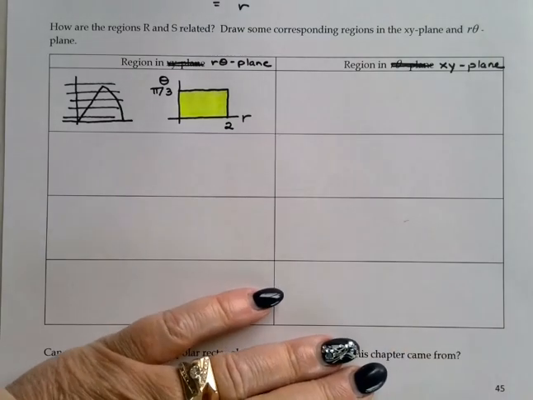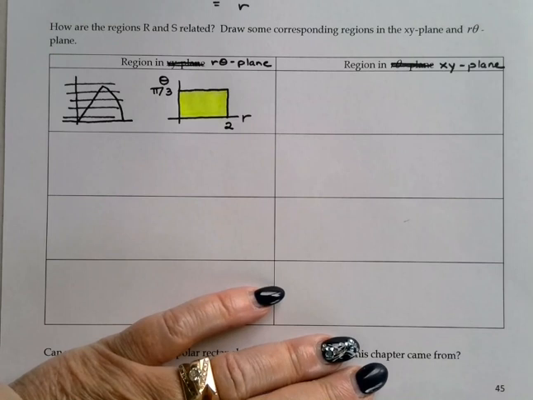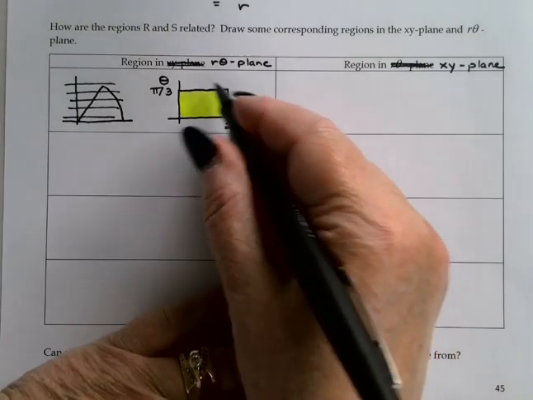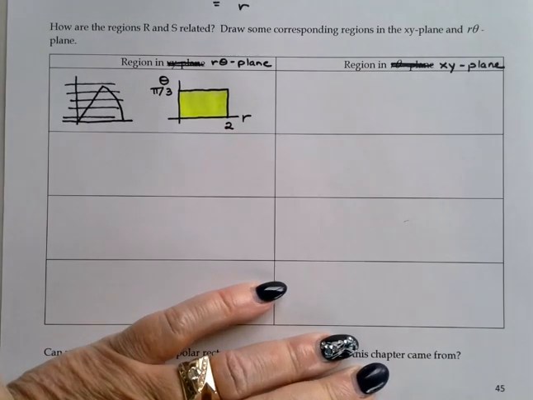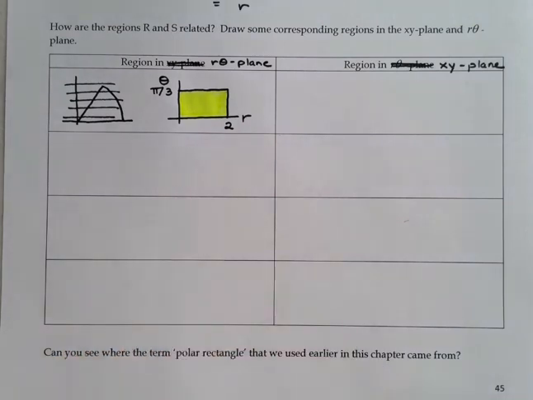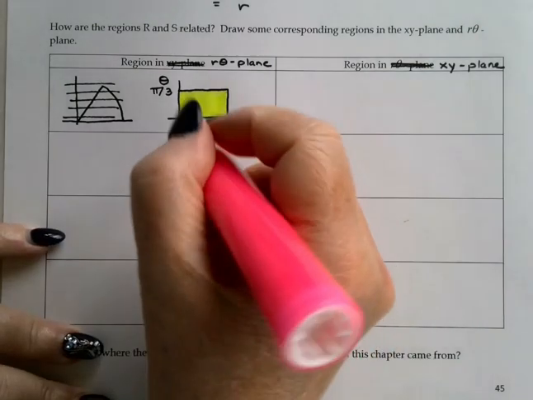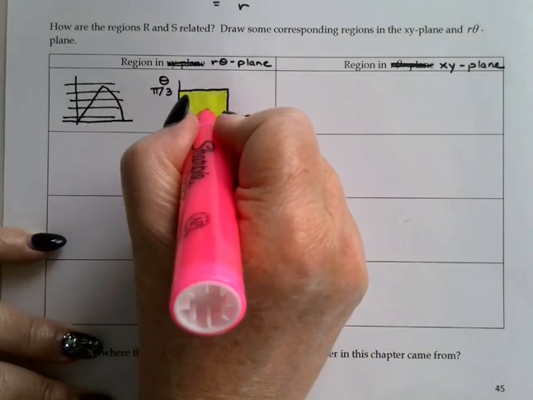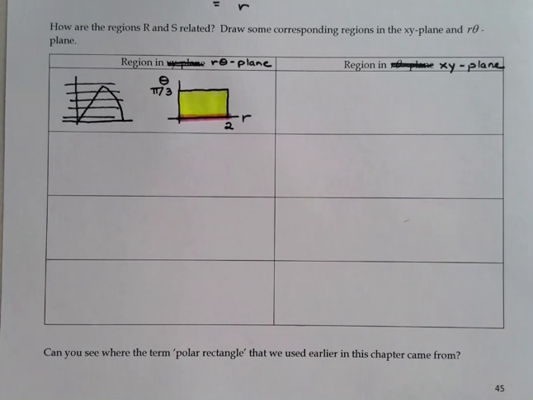Now, in the xy plane, I'd like to think about what happens to each of my sides of my rectangle as I change the pieces into the x's and the y's. So rather than just making a really quick generic change, I would like to actually follow the individual pieces with our transformation equations. So I'm going to start with this bottom of the rectangle.